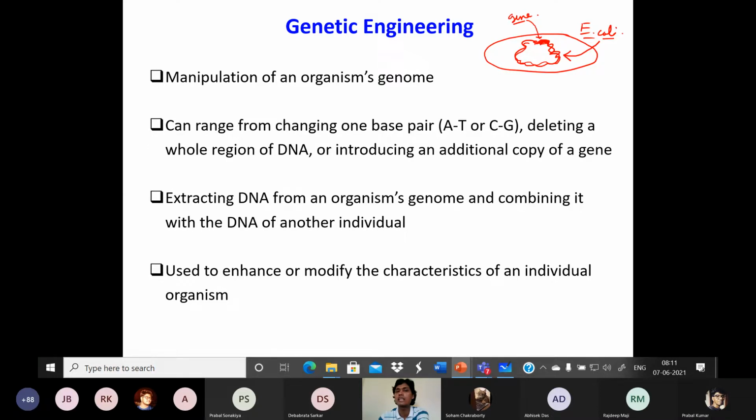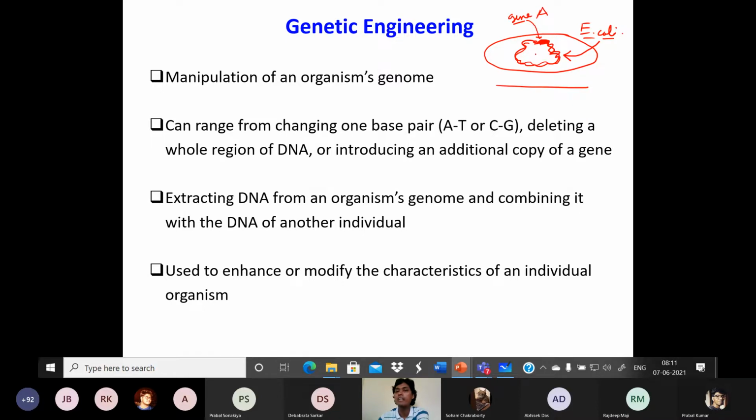As a result, you manipulate the organism's genome, and it can range from changing one base pair, deleting a whole region of DNA, or introducing an additional copy of the gene. So for example, you already have this E. coli cell that contains the E. coli chromosome in addition to your gene of interest, for example gene A, which you already inserted here.